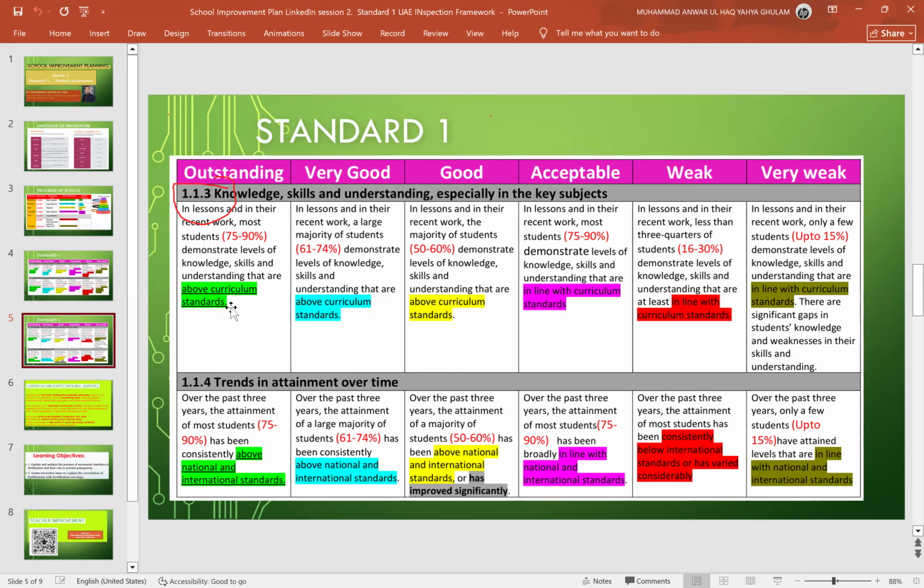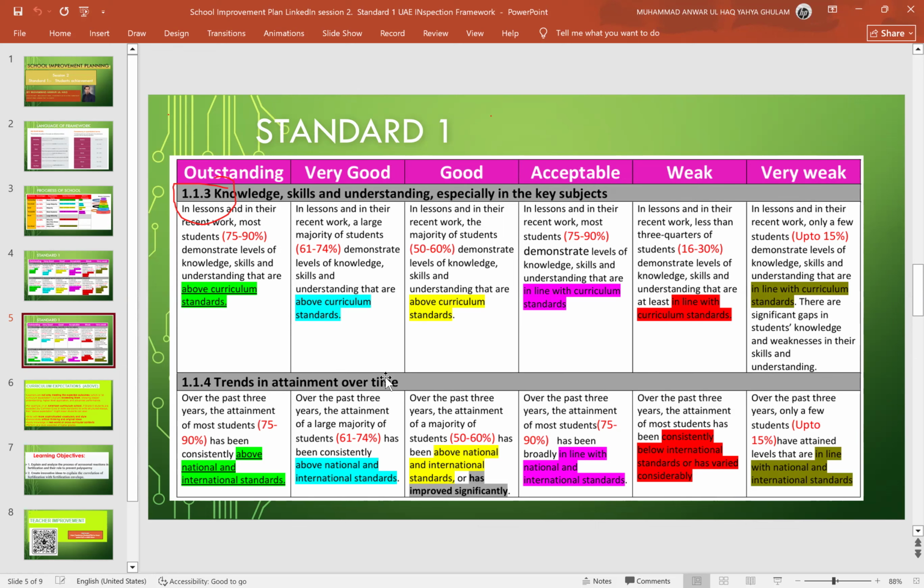Now, if I move to the next thing, it is trends in attainment. Please remember, they always look for trends in attainment once we are expecting any inspection.